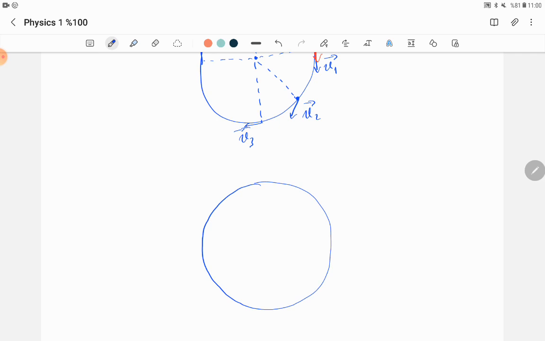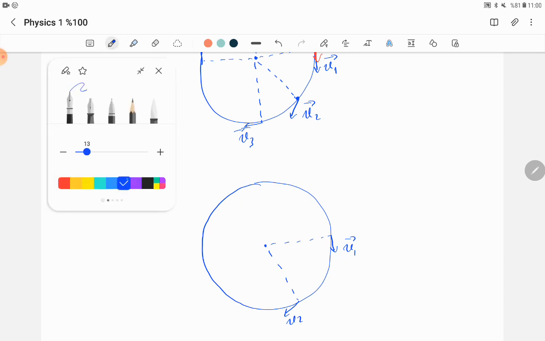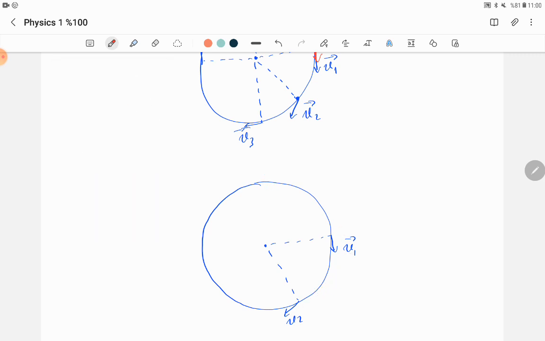For example, our circular shape, and our linear velocity is changing on the circular trajectory. Changing the linear velocity's value causes tangential acceleration, and its direction is the same as the linear velocity.